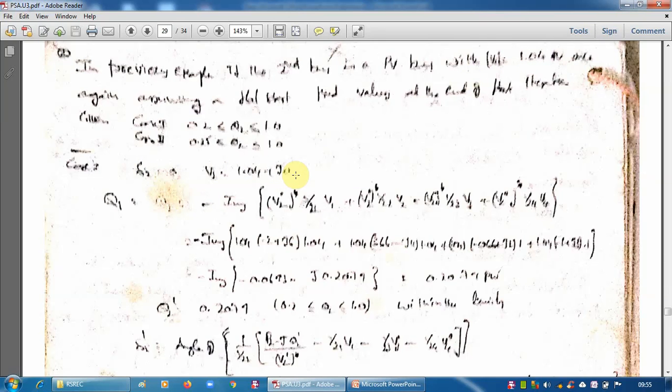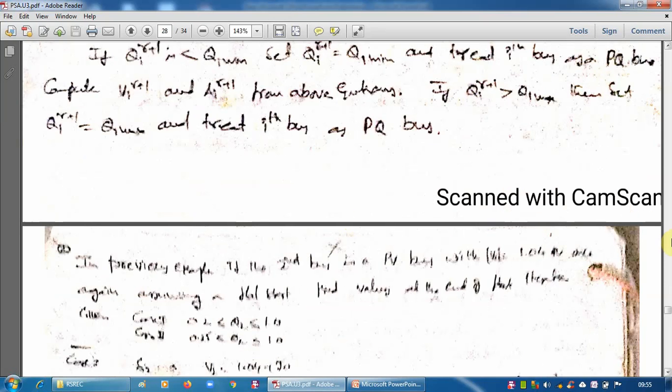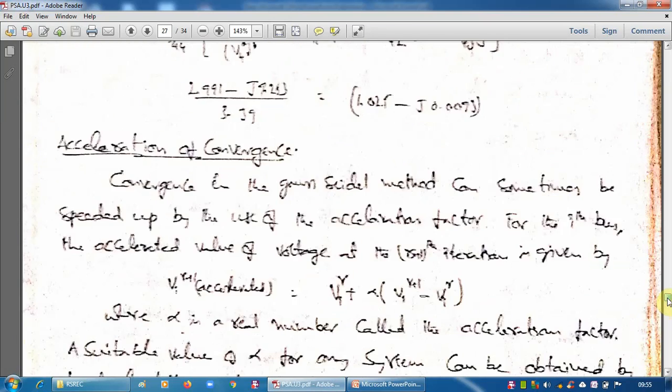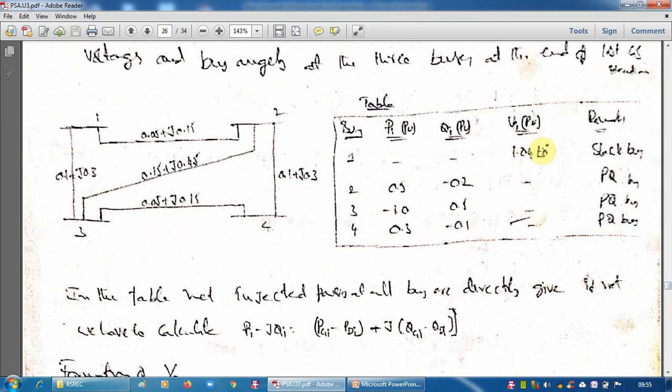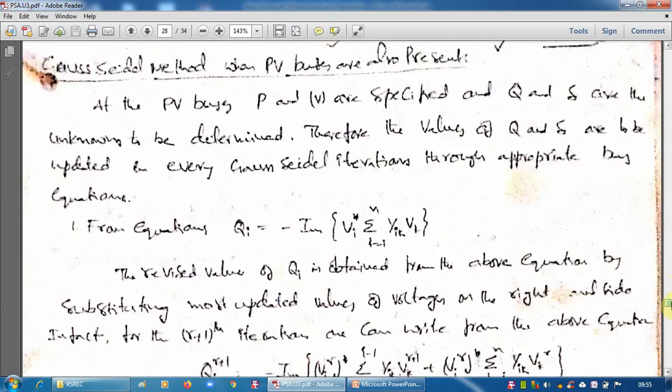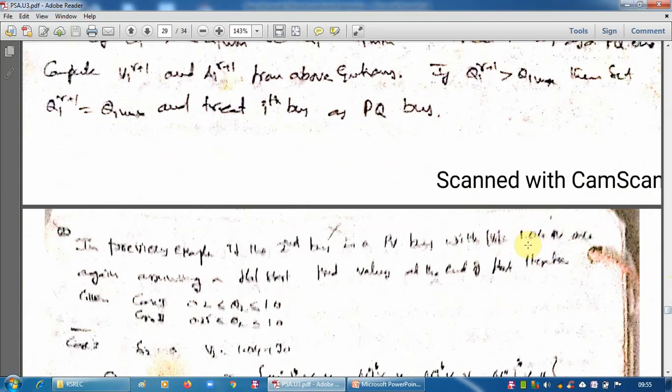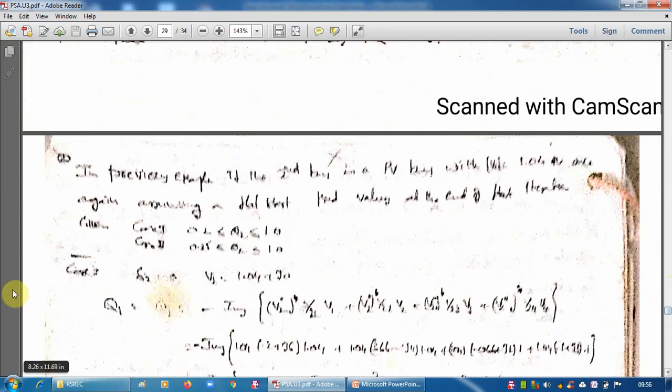So what are all the initial assumed values and given values? V1 is slack bus voltage. It is given, that is equal to 1.04 plus j0. Next, second bus is PV bus now. Therefore P is given 0.05, no change, and V magnitude is given as 1.04. So for second bus V2 is 1.04 plus j0.